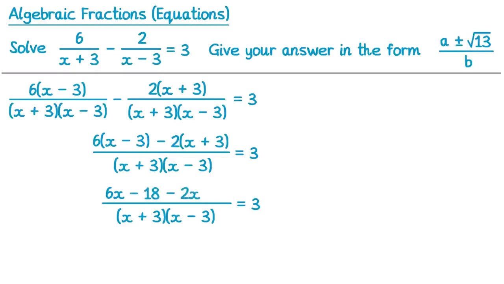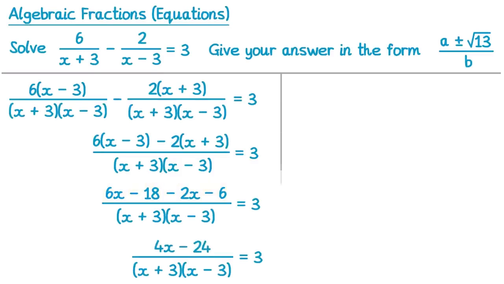And -2 multiplied by +3, that's -6. Then we can collect those like terms. So on the top we've got 6x take 2x, that's 4x. And then -18 subtract 6, that's -24.